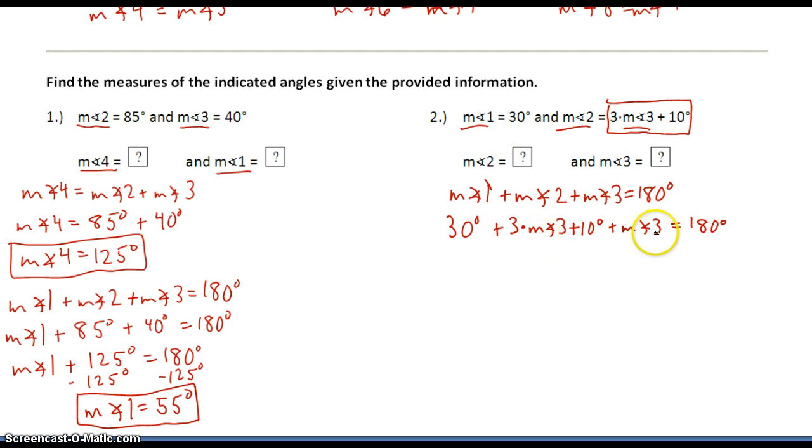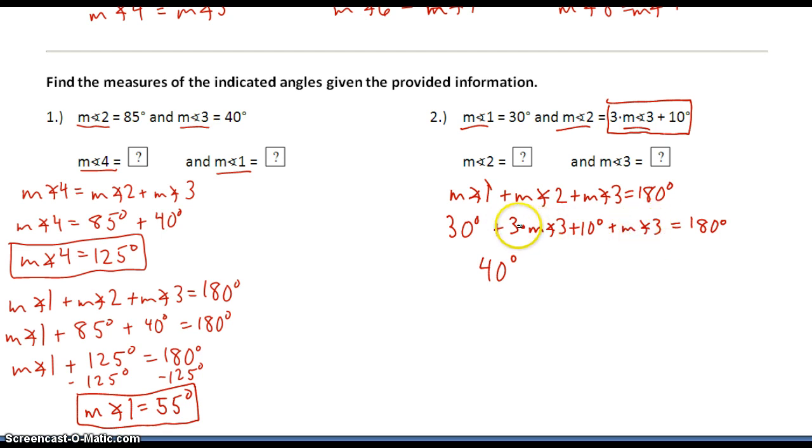But when I've done that, I do have like terms. 30 degrees and 10 degrees gives me 40 degrees. And if you look, I have 3 times the measure of angle 3 plus the measure of angle 3. Well, this is just saying I have 3 measures of angle 3, and I have 1 measure of angle 3 here.